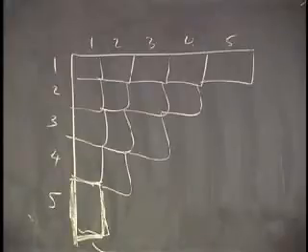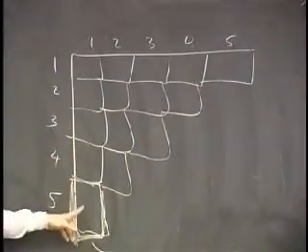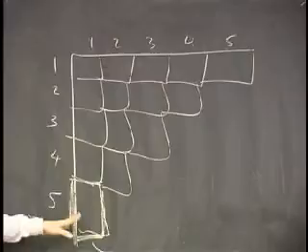We're going to build up the answer to our question of whether this string is accepted by this grammar by filling in this table and by looking here at this box at the end. This box will have the answer.